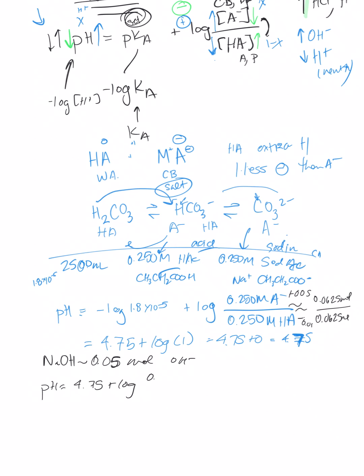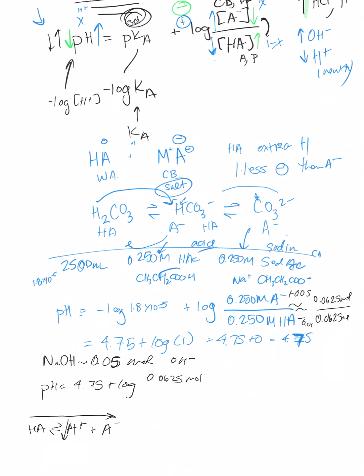Why? Because this relationship here, HA goes to form H plus A minus. If we are decreasing our H plus, we're going to convert our HA into A minus to compensate for that loss of H plus.